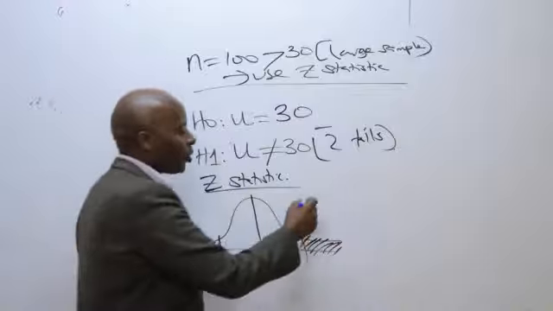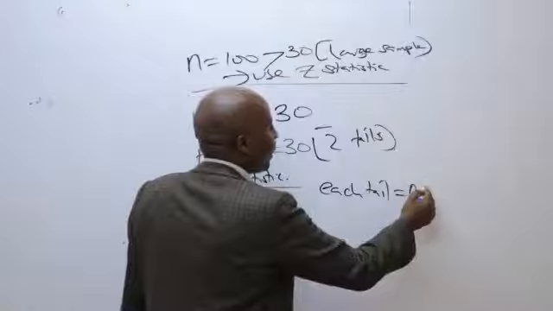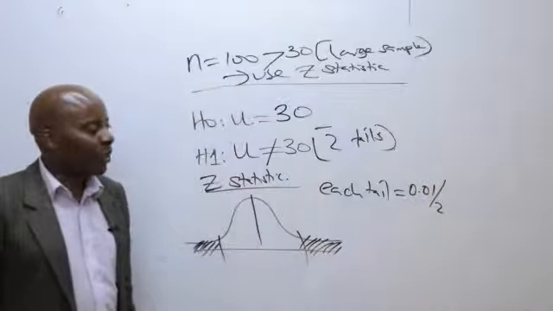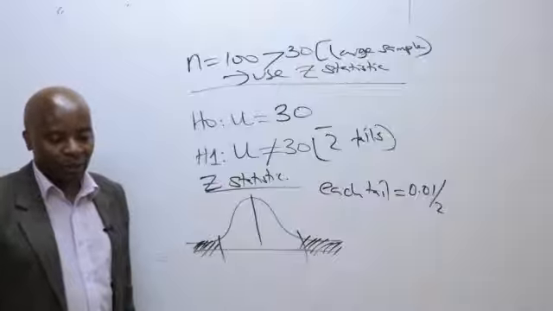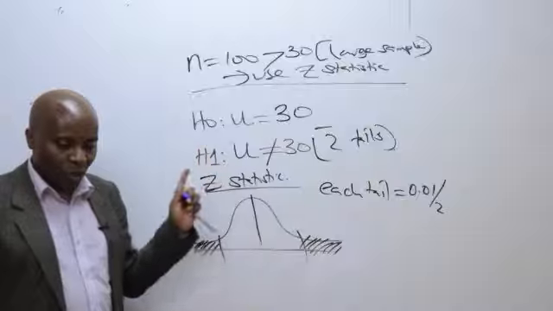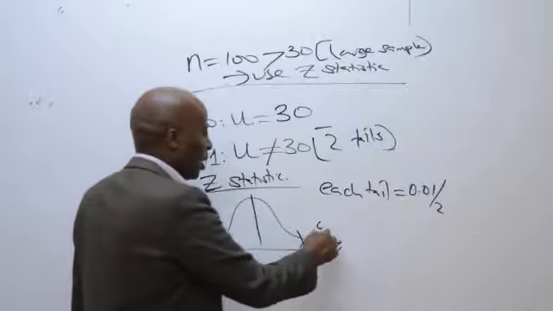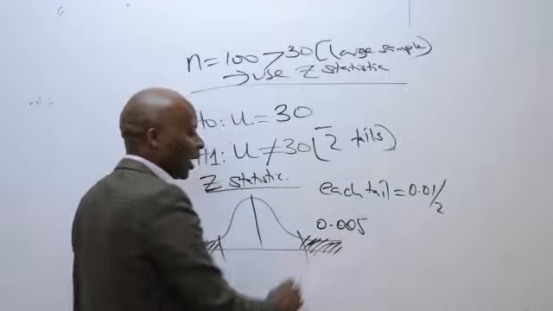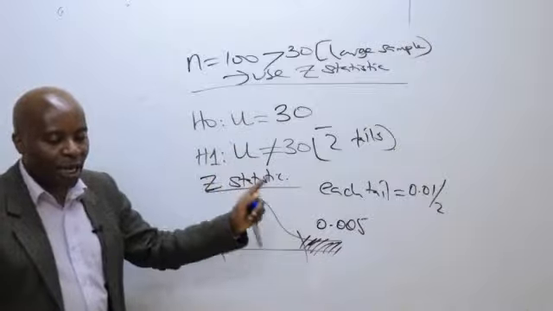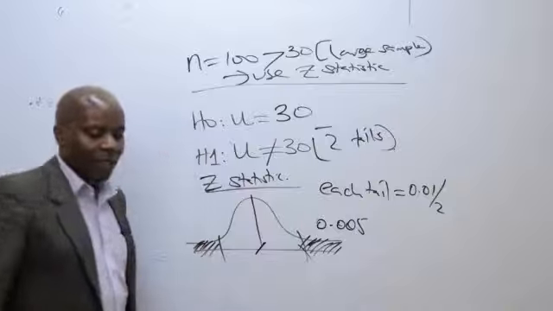Because of the 2 tails, each tail will take 1%, so 0.01 divided by 2, which gives me 0.005.